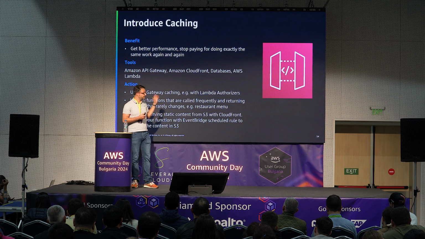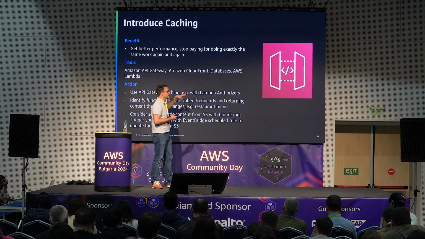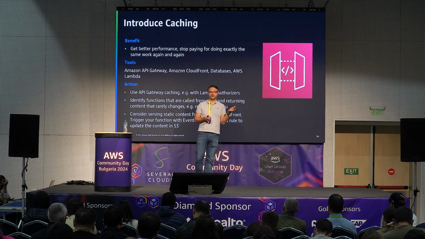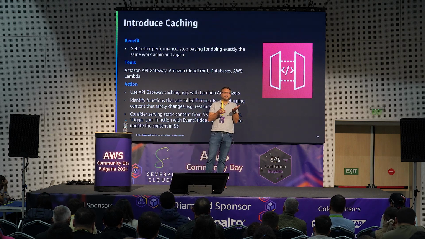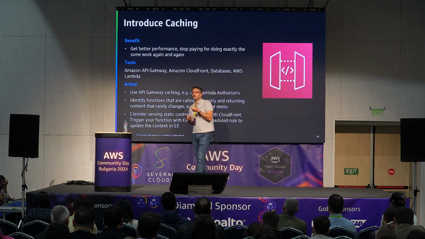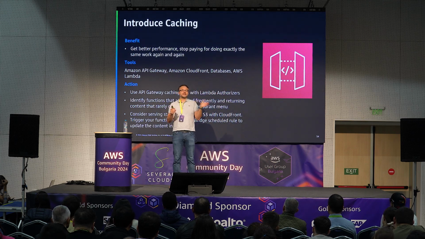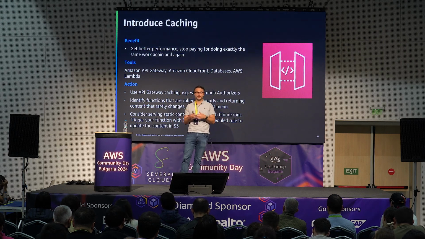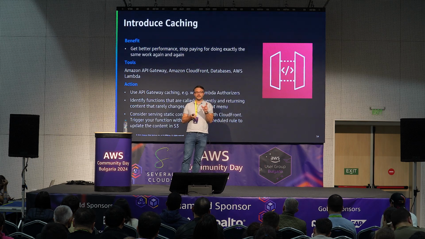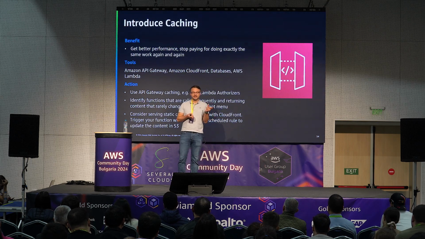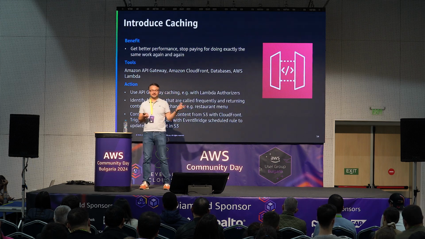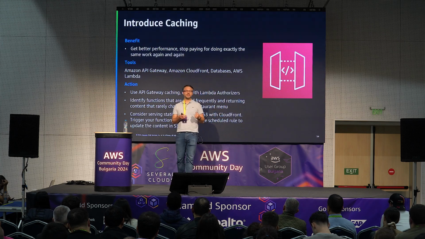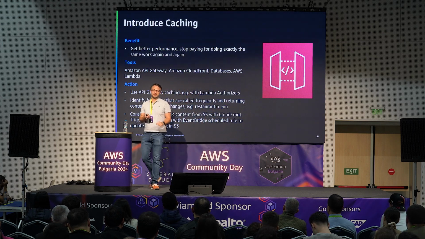Probably the typical scenario is that whenever a call comes to the API Gateway, this Lambda authorizer function will be invoked. But again, maybe it's not the most effective way of doing things, because if it's a highly loaded function and it is invoked frequently, the authorization maybe is not changing that much all the time. So if you authorize once, maybe for, I don't know, 1 second, you can keep the same authorization, so you don't need to invoke this Lambda function all the time.